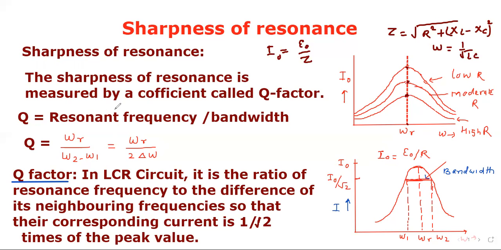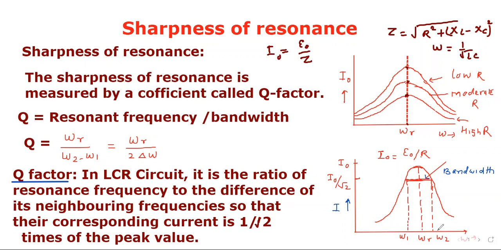Now we define a factor called quality factor that measures the sharpness of resonance. It is defined as resonant frequency divided by bandwidth. So resonant angular frequency omega r divided by omega 2 minus omega 1, which is equal to omega r divided by twice delta omega.